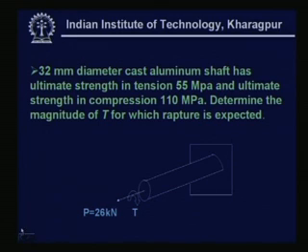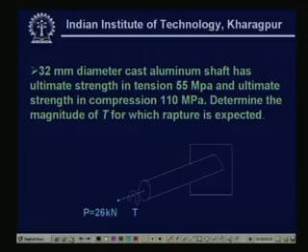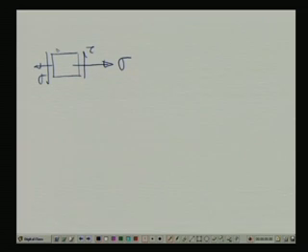We got the idea from our earlier problem, and that gives you the situation we are having: sigma, tau. This is like this, this is like this. I think there should not be any change.